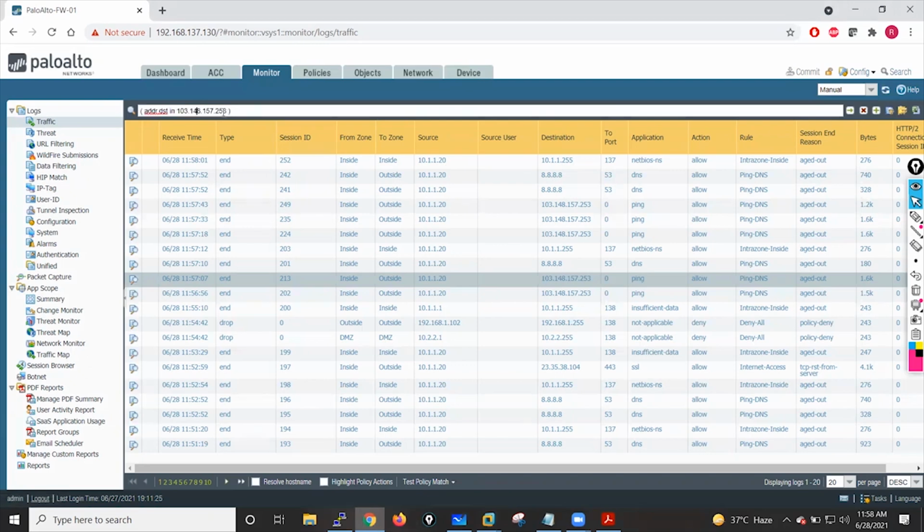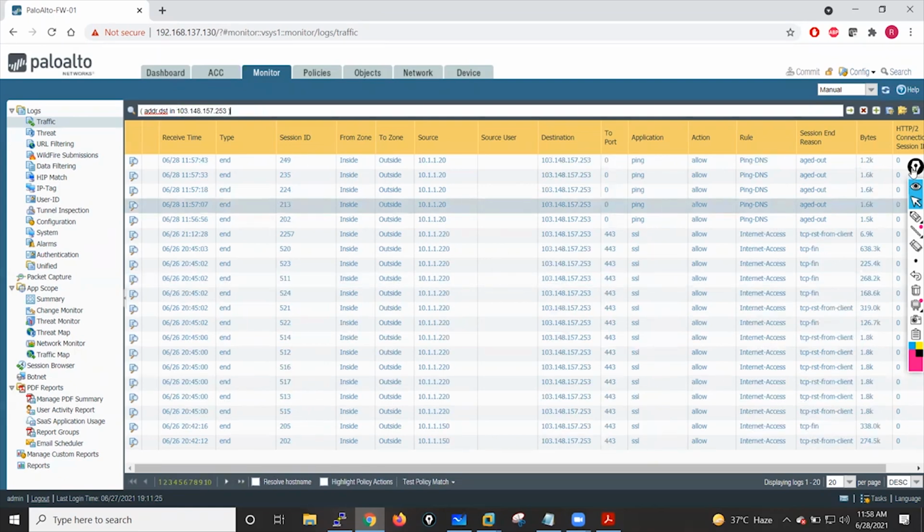Let me paste the IP address here. Right now you will see I don't have any kind of log on my firewall. I don't have any deny log, because this particular traffic is dropped at the routing level.